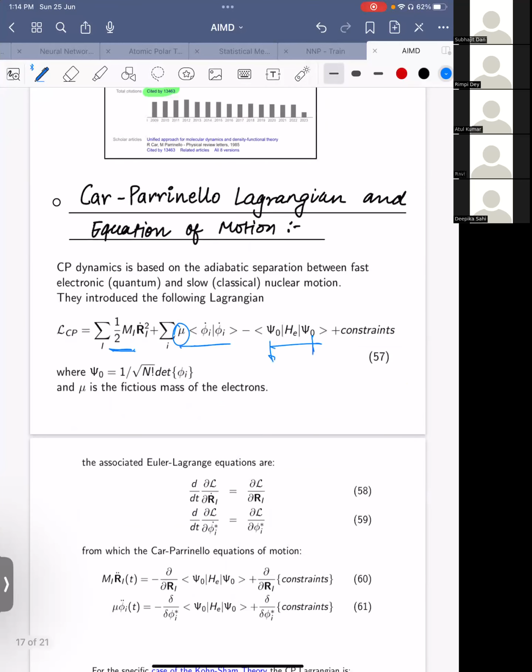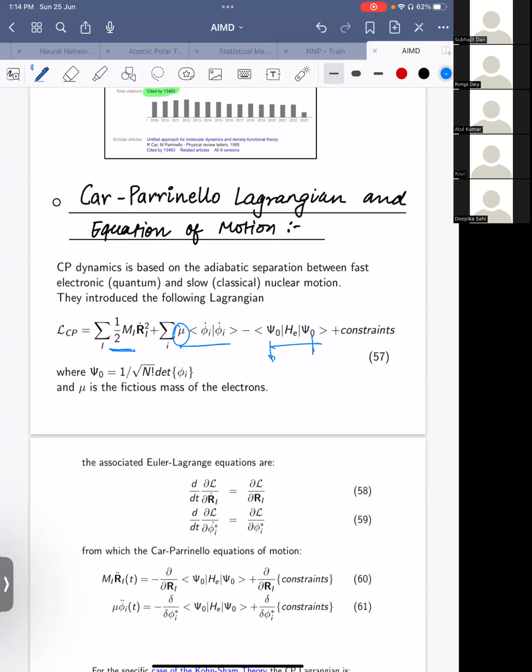Now, in classical mechanics, the force on the nucleus is obtained from the derivative of a suitable Lagrangian with respect to nuclear position. So this suggests that a functional derivative with respect to the orbitals, which are interpreted as classical fields, might yield the correct force on the orbitals given a suitably defined Lagrangian.